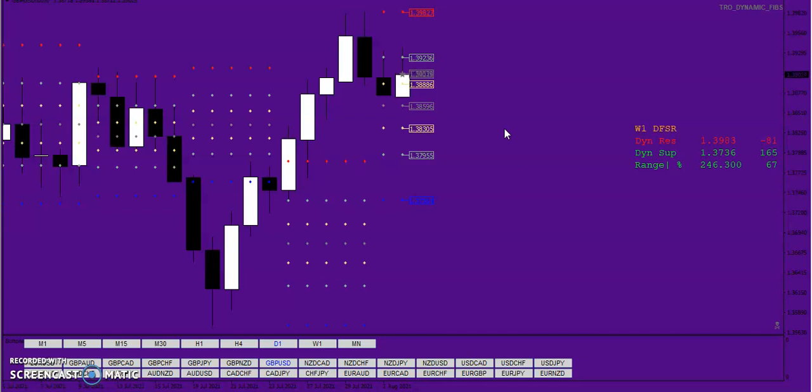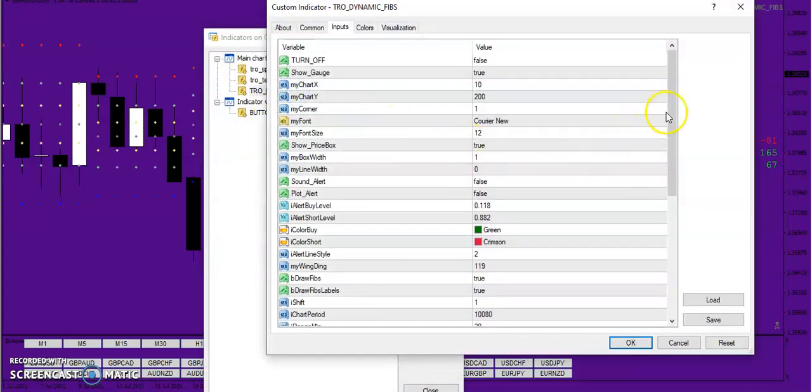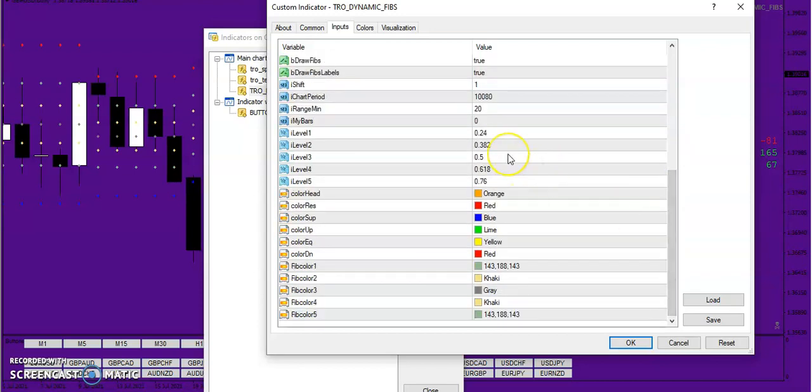Okay, and then what we're using from the Fibonacci series in trading, I use the TR dynamic fibs indicator. They use these numbers and they're rounded. So you've got 24, 38.2, 50, 61.8, and 76.